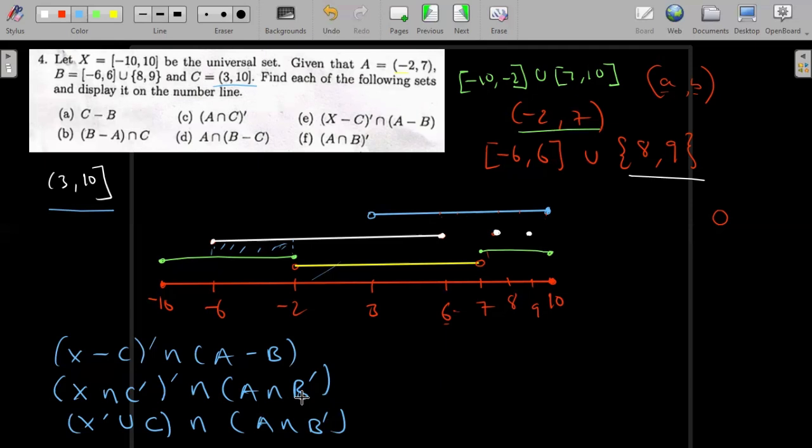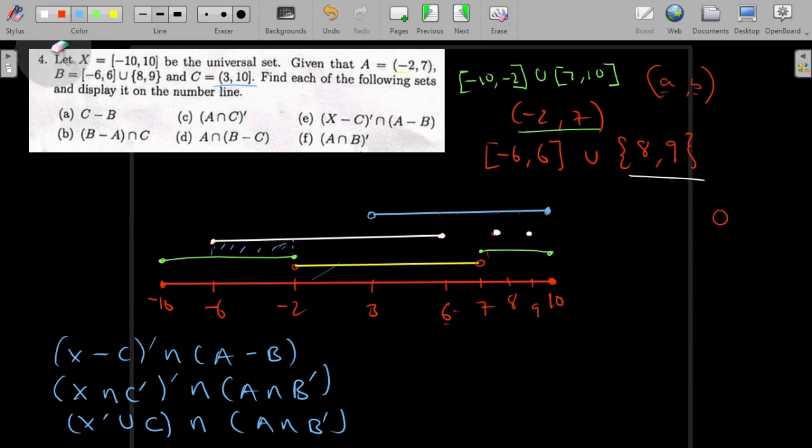So what is your X complement? Remember X is our universal set. What is anything outside the universal set? If we are working within the space of the universal set, X complement is going to equal the empty set, because the universal set contains all the elements.